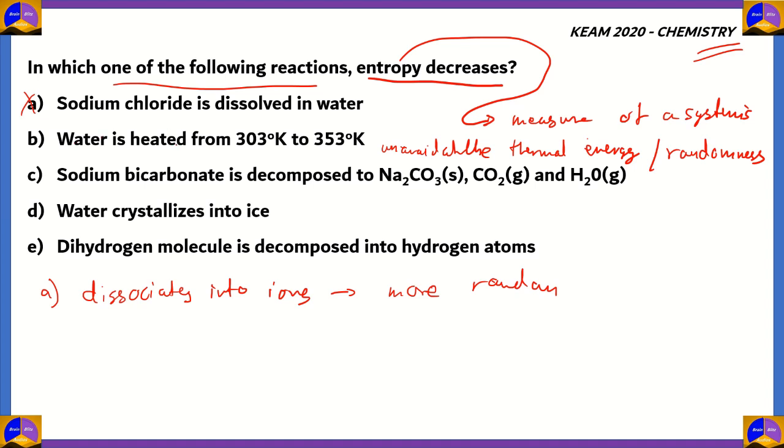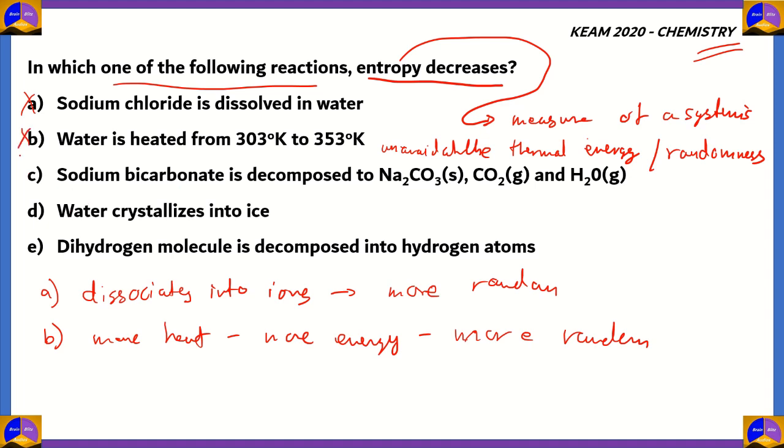Option B, water is heated from 303 degrees Kelvin to 353 degrees Kelvin. More heat means you get more energy, and when you have more energy, the entropy is more, so that means it's more random. Water molecules become more random. So option B is incorrect.